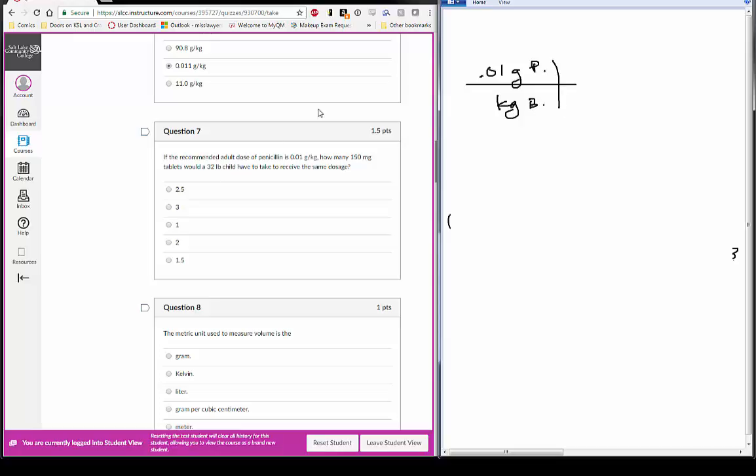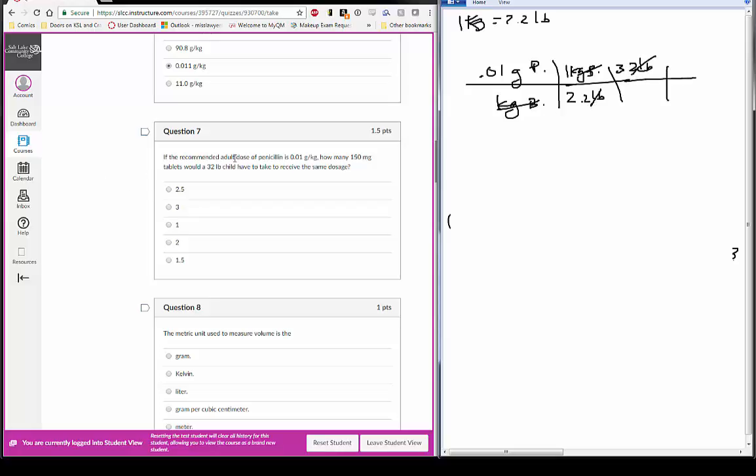Now we've got a 32-pound child, so we're going to have to use the fact that 1 kilogram is 2.2 pounds. And I'm going to put the 1 kilogram on the top. So those cancel. This is a 32-pound child.